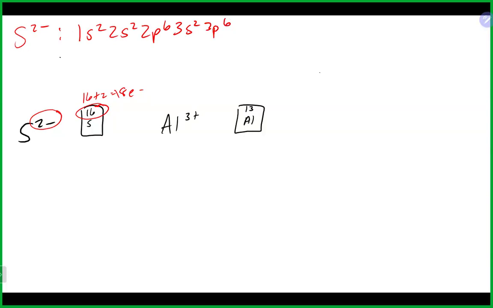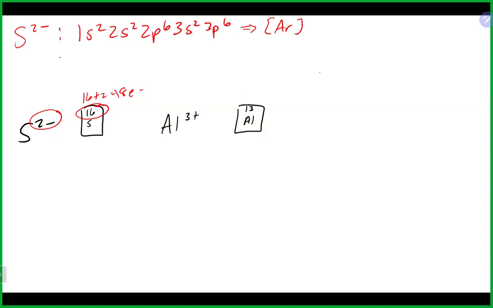That is the same electron configuration as 18, which is our friend argon's configuration, right? So it has the same electron configuration as argon. By gaining those two electrons, it becomes really stable. Any question on that one?